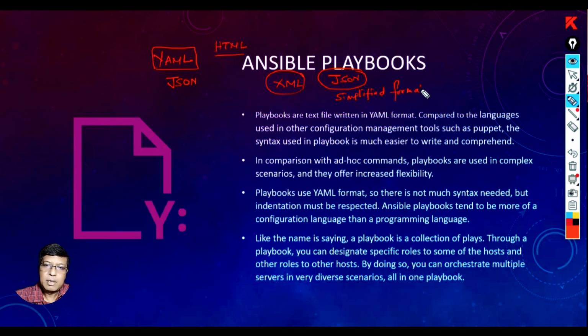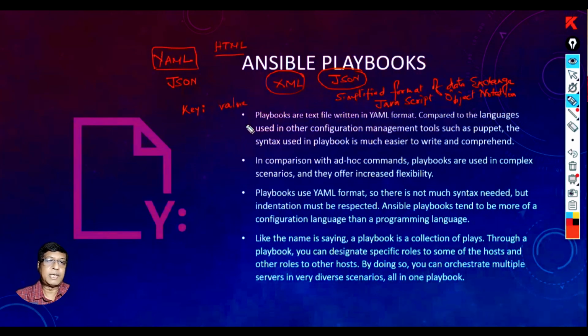You cannot have unstructured data for most of the important transactions that you do. So you need a certain format, and that format is JavaScript Object Notation, which is called JSON, which is nothing but a key colon value pair. Key value pair. That's all.